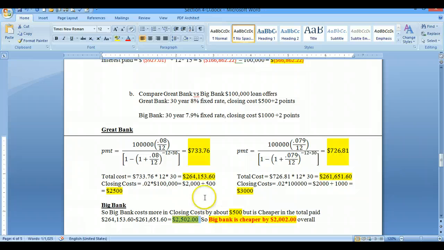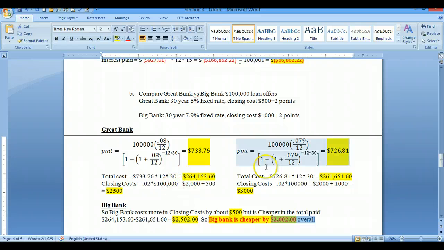But that was for the cost. The closing cost was $500 more. So if I take away what I get ahead by, then it's really only $2,000. Overall, it's cheaper by $2,000.